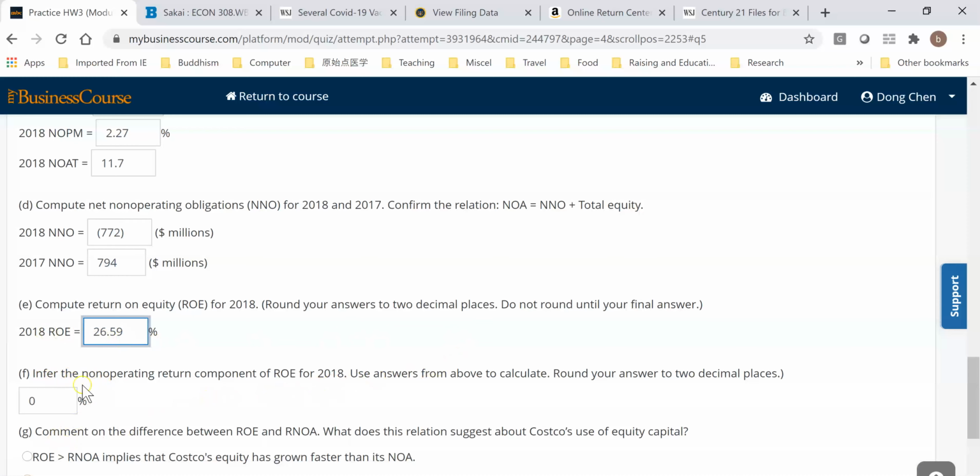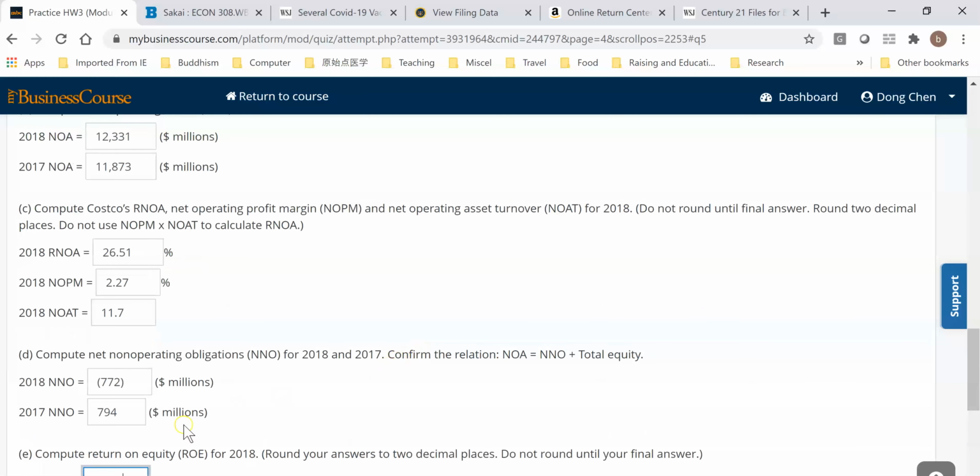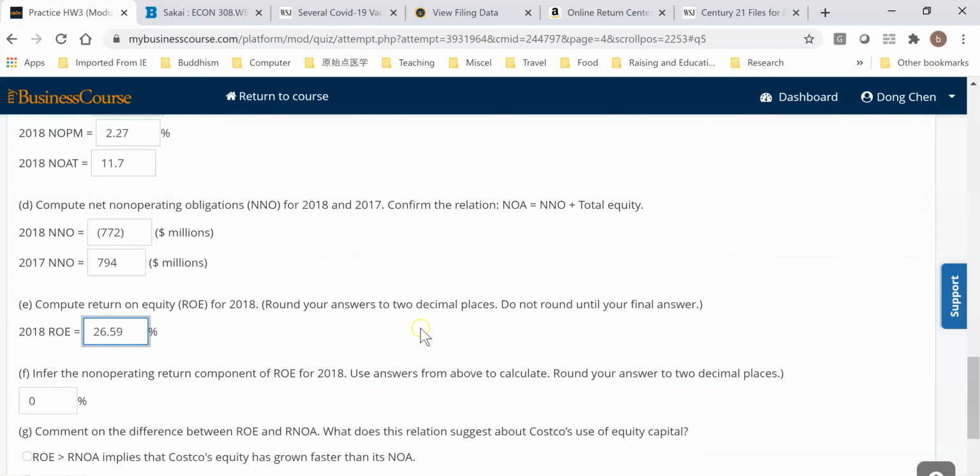Next, infer the non-operating return component of ROE for 2018. Use answers from above to calculate, and round your answer to 2 decimal places. This is also in percentage terms. Because ROE equals the operating return plus the non-operating return, and the operating return is the return on net operating assets, RNOA, the non-operating return is the difference between ROE and RNOA.